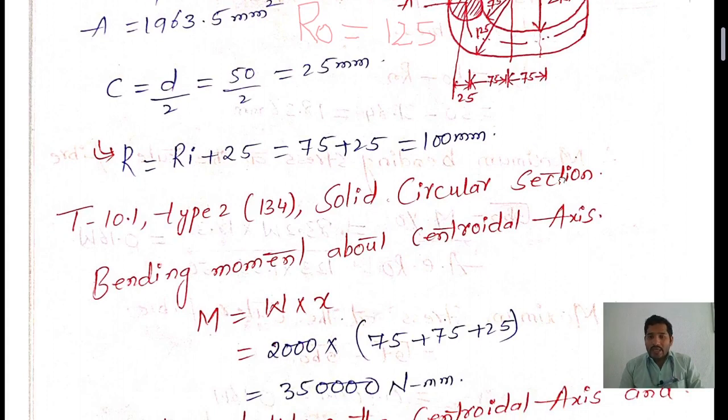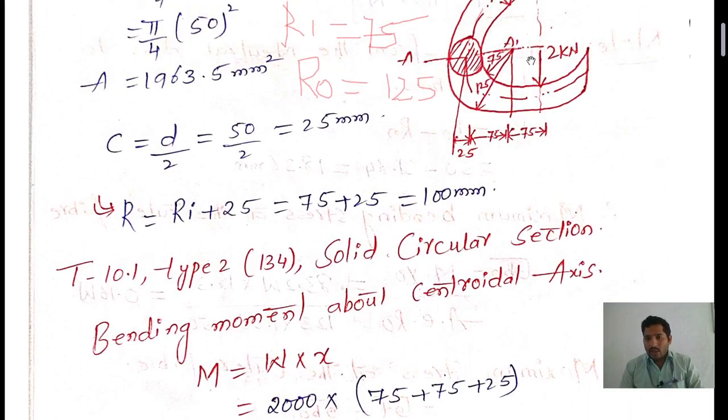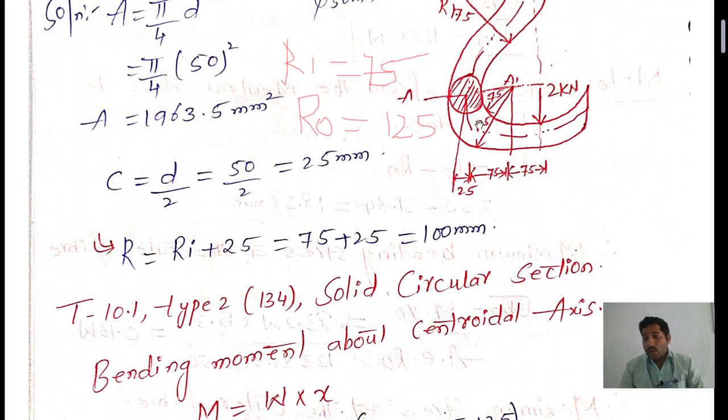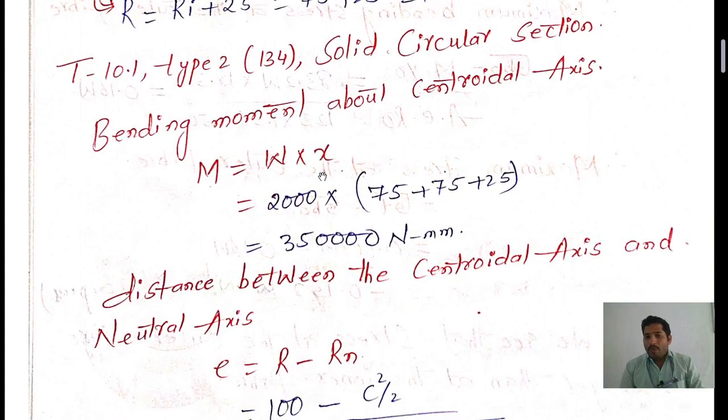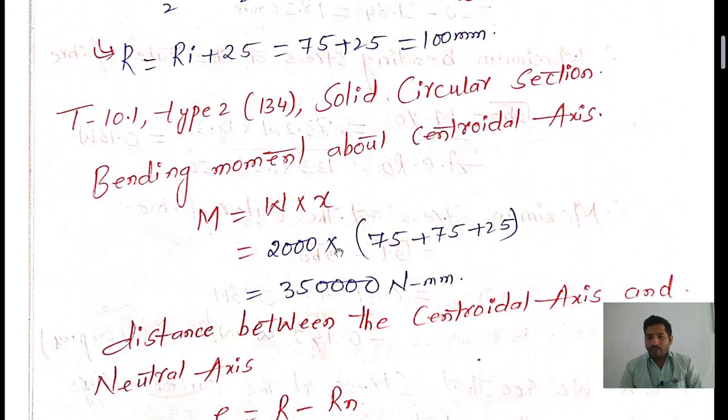The load acting on this bar is 2000 Newton, into the distance. As I told you, measure the distance from this end to the centroidal axis line: from here to here is 75, plus from this end to the centroidal axis line is 25. You need to add them. The 2 kilonewton load is acting at the bottom of this crane hook. So 2000 into 75.